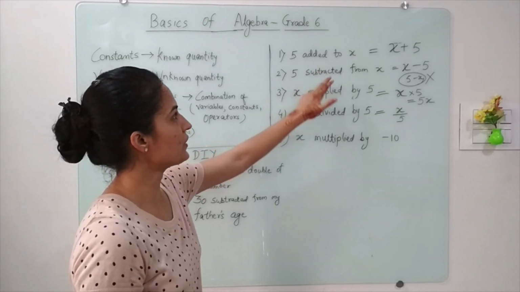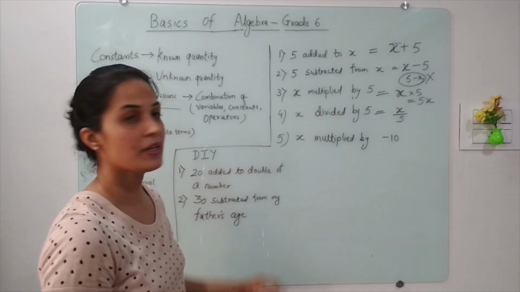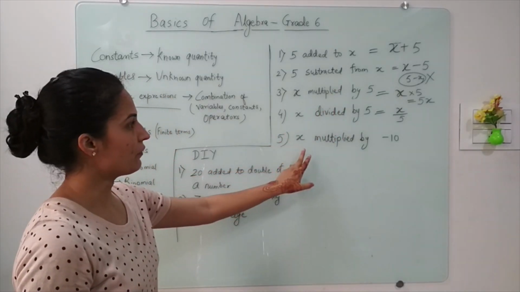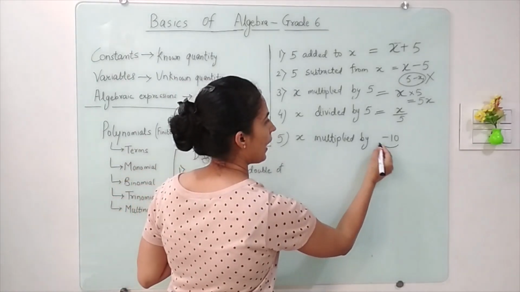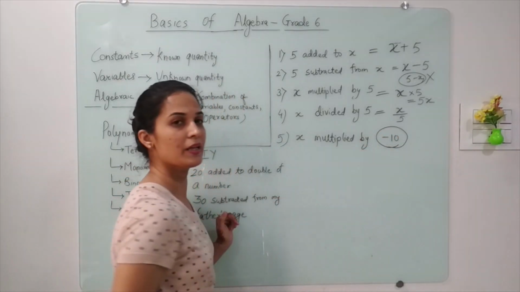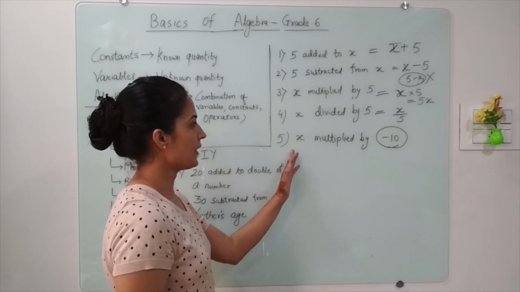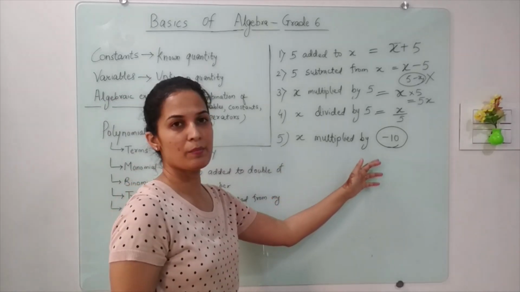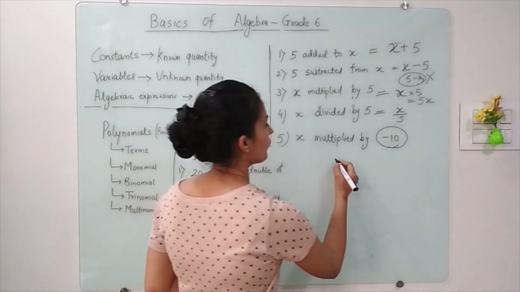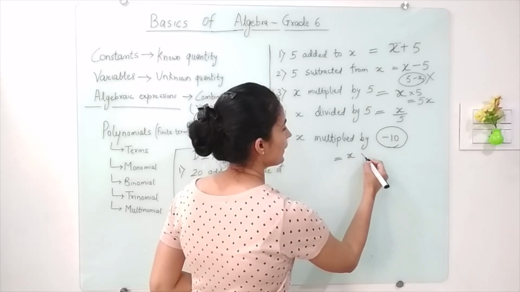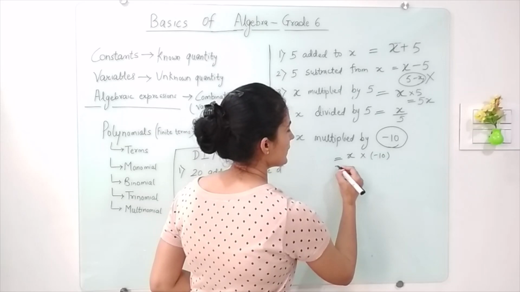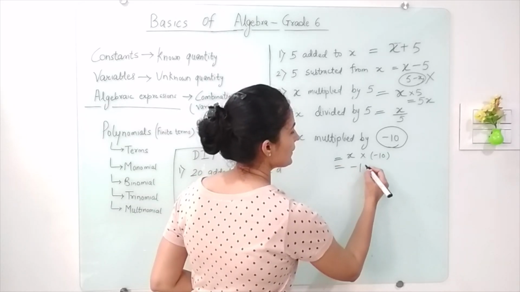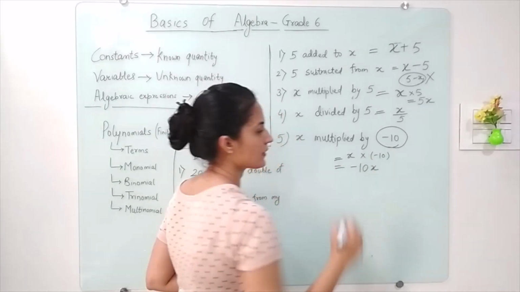We have seen addition, subtraction, multiplication and division. Now I have taken one more example here specifically to see how the negatives can be incorporated. I say here x multiplied by minus 10. So how do I write it? I can simply write it as minus 10x.